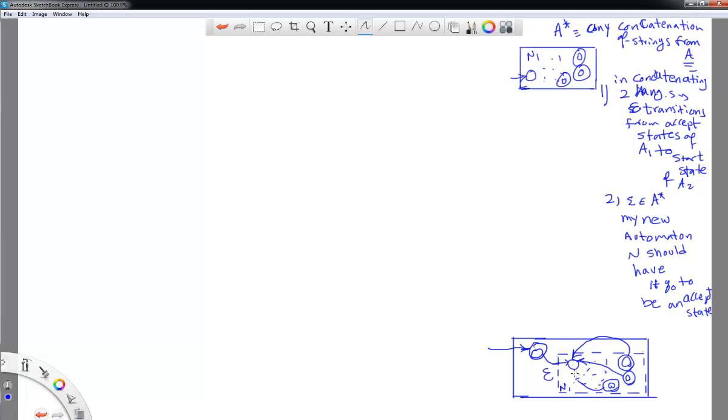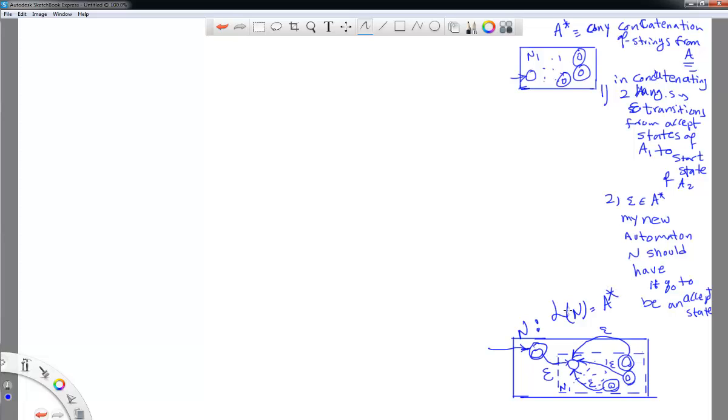So all of the accept states of this combined language have epsilon transitions into the original start state. Effectively, I used my own automaton N sub 1 and had all its accept states transition with epsilon to its start state, so that represents any number of concatenations. Since I also need to accept the epsilon, I made a new start state that is also an accept state. So the modified automaton N recognizes the star of the language. The L of N in this case will be A star.